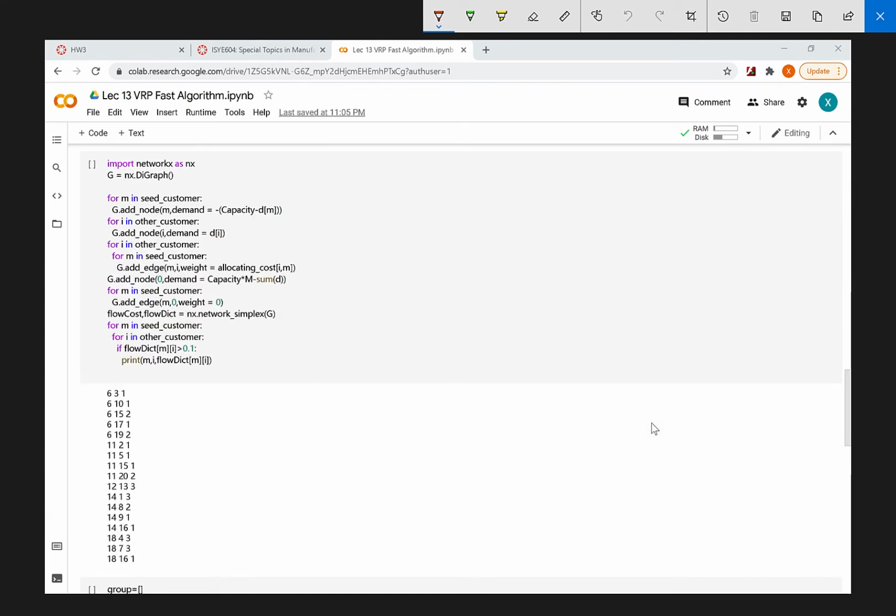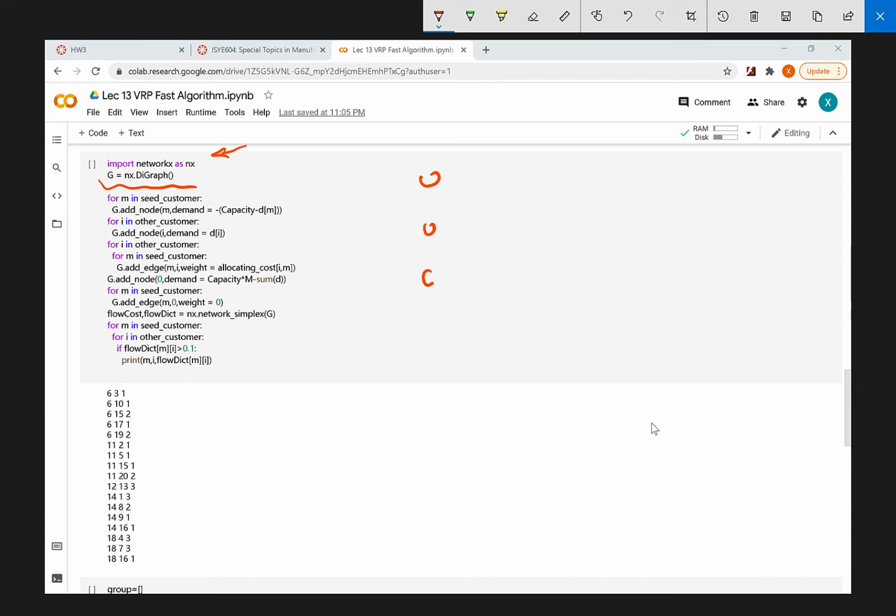And then we will introduce a package called NetworkX, a very famous Python package that introduces the graph structure and provides fundamental algorithms widely applied on graphs. We will use this to solve our minimum cost flow assignment problem. The first step is to initialize a directed graph.